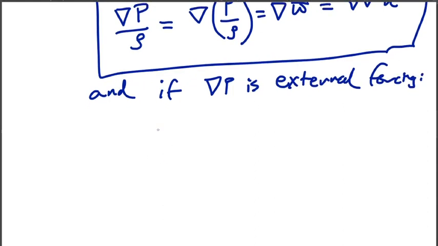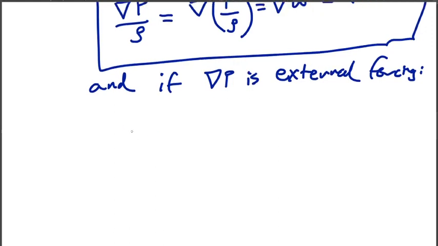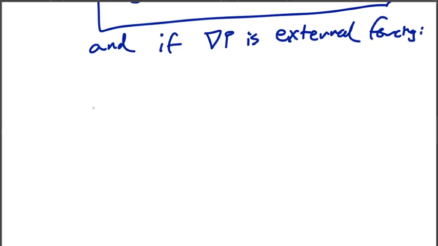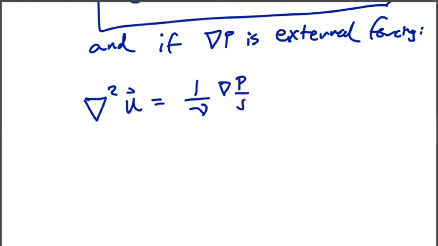If grad P is known, if it's just some quantity, my pump can pump this hard, my heart can pump this hard, then I can write this problem as the Laplacian of my velocity u equal to, dividing across by our viscosity, grad P over rho.